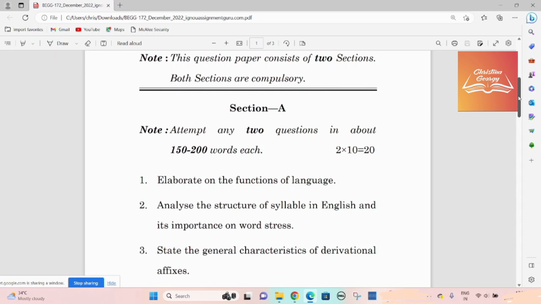Now comes the common question that hundreds of students ask me. Ma'am, what about the length? See, there is this misconception regarding the length of the answer. Let me remind you that it is the content that matters. Despite the length, if you have not written the relevant points, you wouldn't score well. But that doesn't mean that if you just wrote 100 words with all the precise points, you will score full.